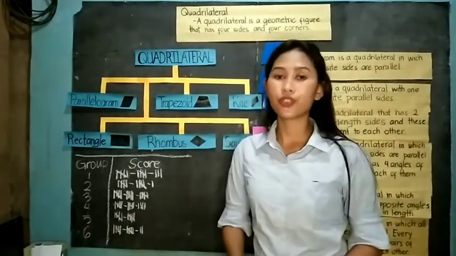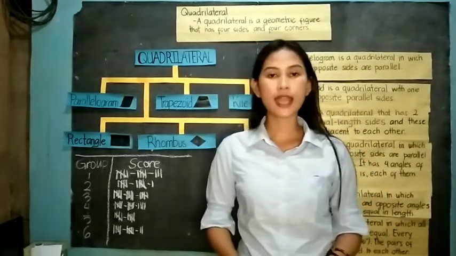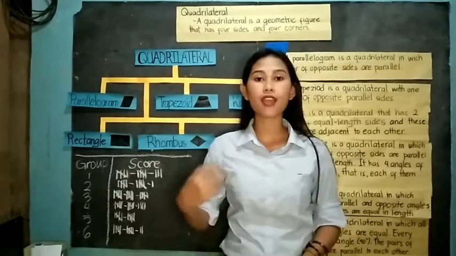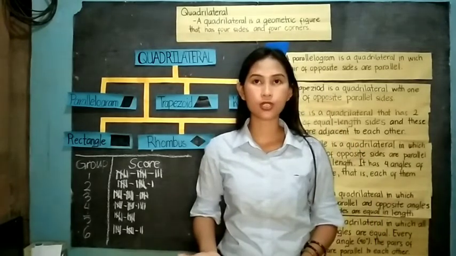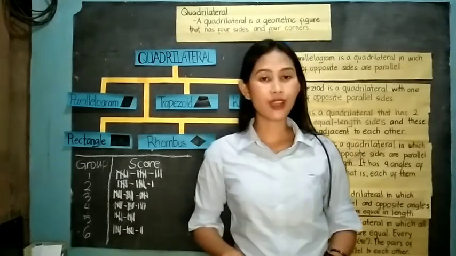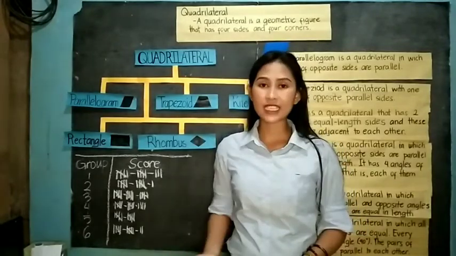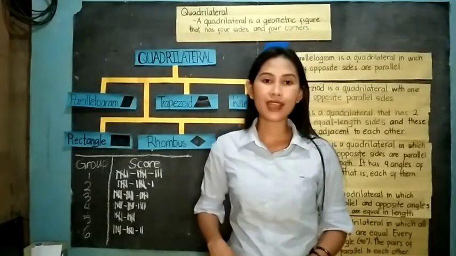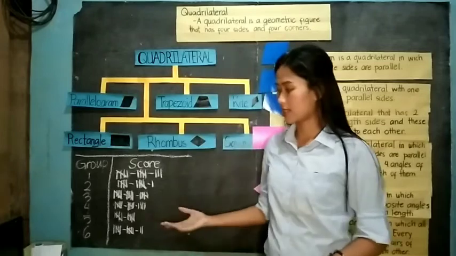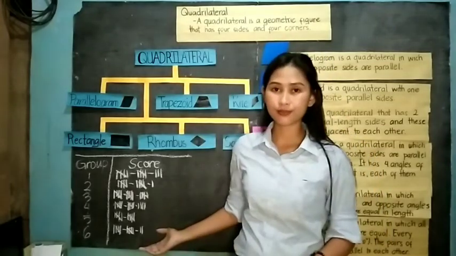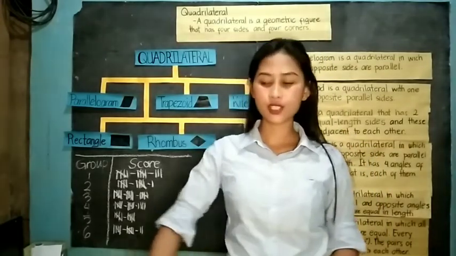I will give you 3 seconds to think, and after 3 seconds, everybody will raise their answers. Those groups who get the correct answer will receive a point to be added to your previous points. Understood? Okay, let's begin.